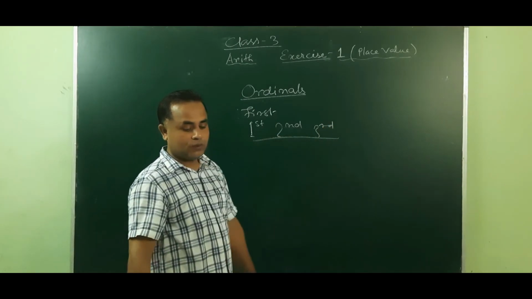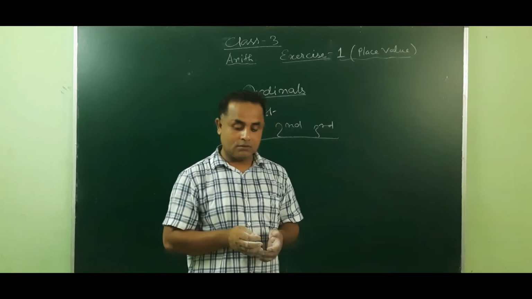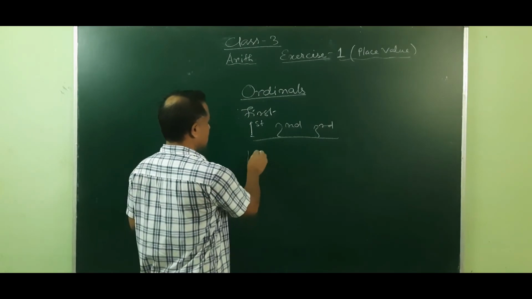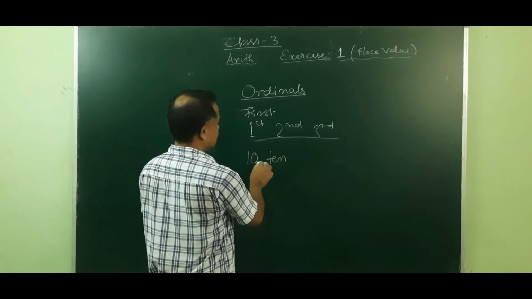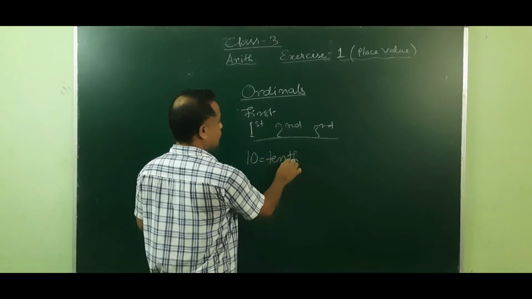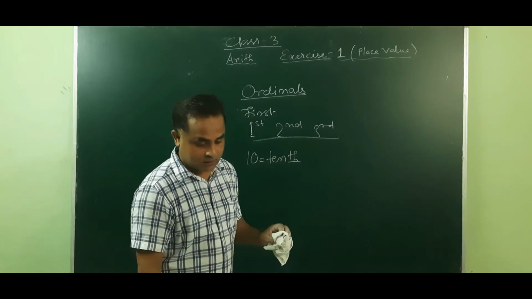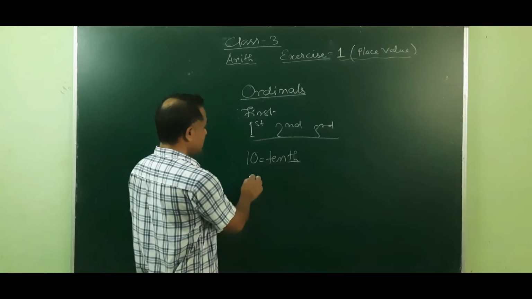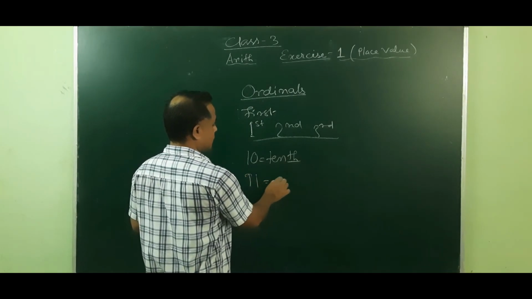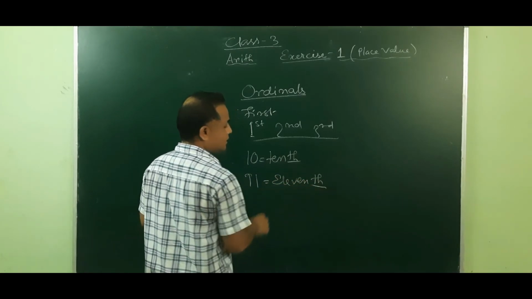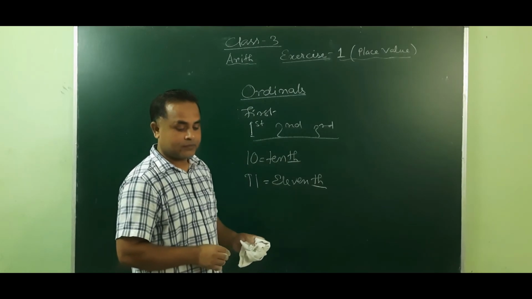In this way we go on counting up to 10. In our normal counting system, we put extra th, 10. Then 11. What we add is only th.